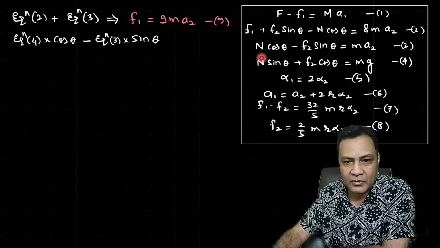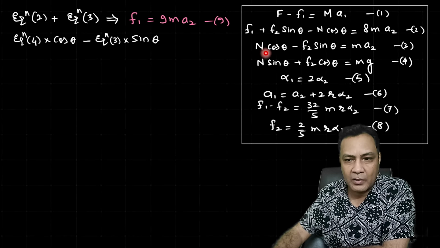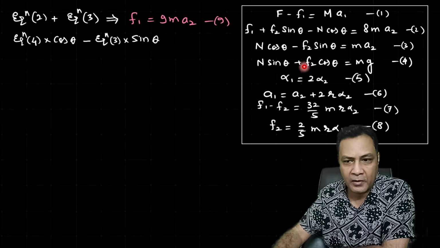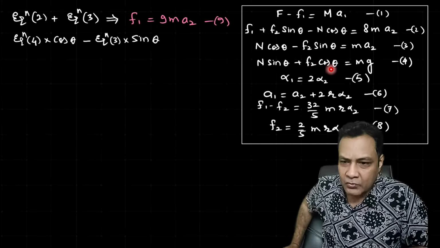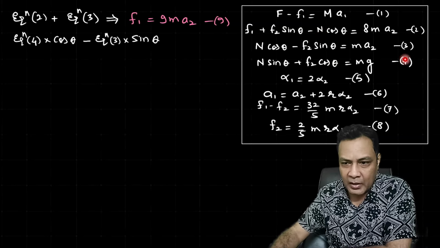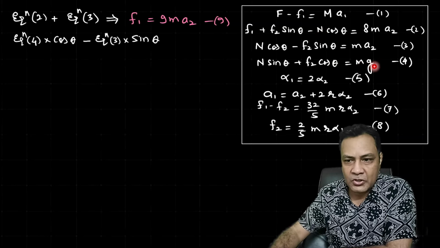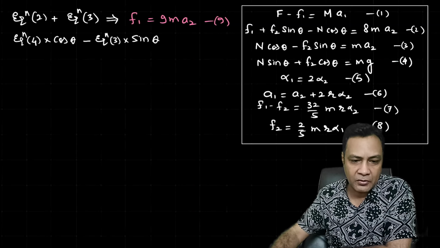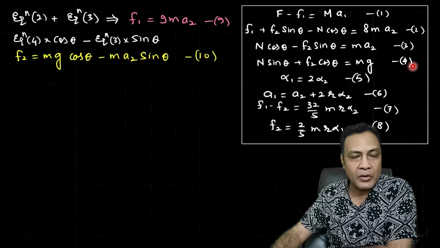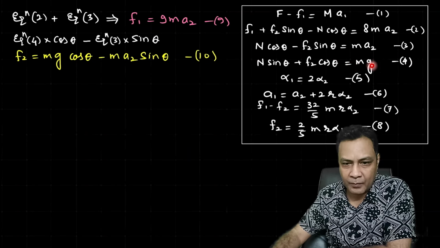And if I multiply this by sin theta, that will become n sin theta into cos theta minus f2 sin square theta is equal to ma2 into sin theta. So if I subtract this from this, the n part will get cancelled and the f2 part will get added up. That will become f2 (cos square theta plus sin square theta), and that will become f2. On the RHS, that will become mg cos theta minus ma2 sin theta. So we will get f2 is equal to mg cos theta minus ma2 sin theta.